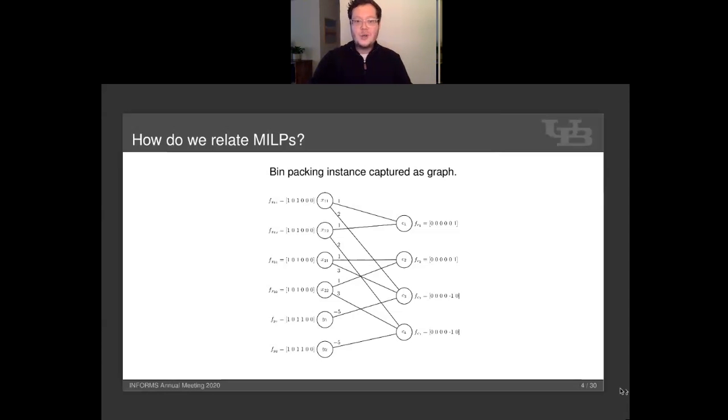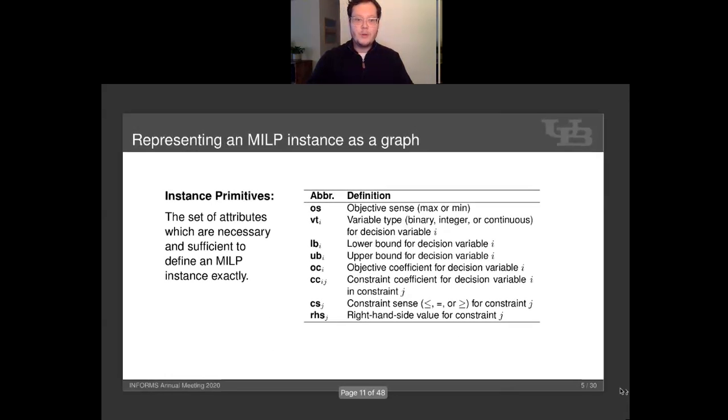But before we get into how we construct this graph, we need to cover the concept of instance primitives. So we contend that any MILP instance can be exactly defined given these 8 instance primitives, which we say are the attributes which are both necessary and sufficient to define an MILP instance exactly. They are the objective function sense, maximization or minimization.